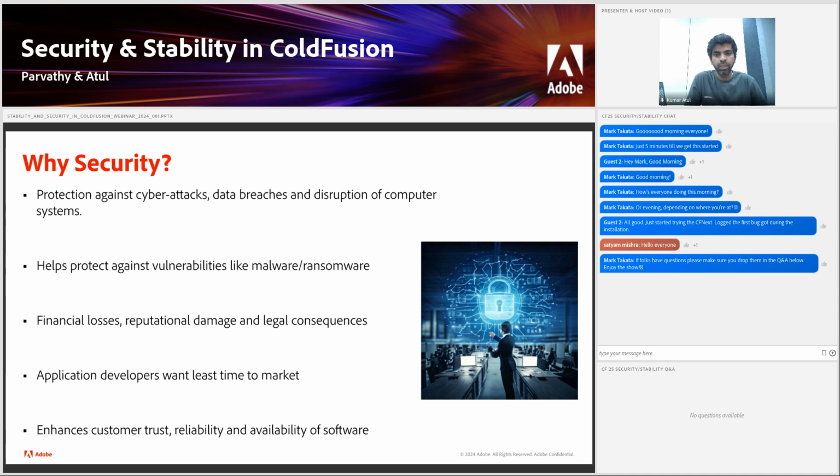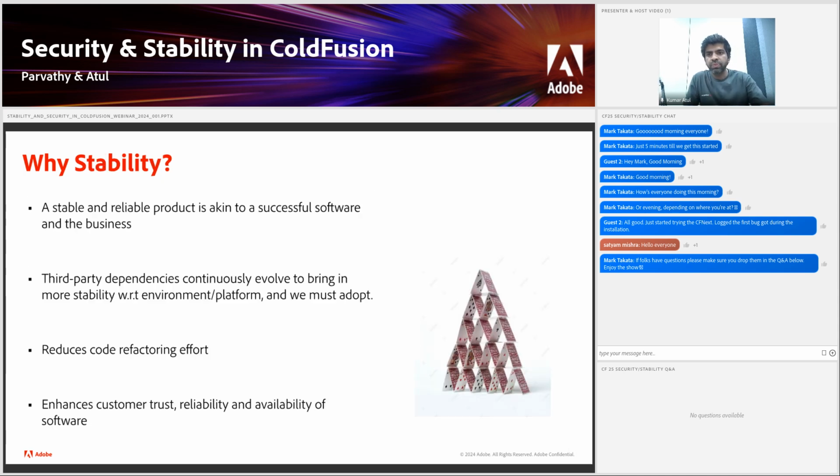Next, we talk about the stability aspect of software. A stable and reliable product is akin to a successful software and its business. Any software that is written is written with the support of all the underlying dependencies. And these dependencies continuously evolve so that they are more stable across different environments and platforms.